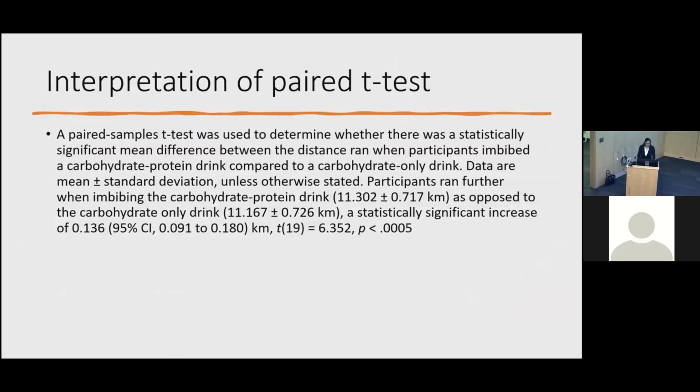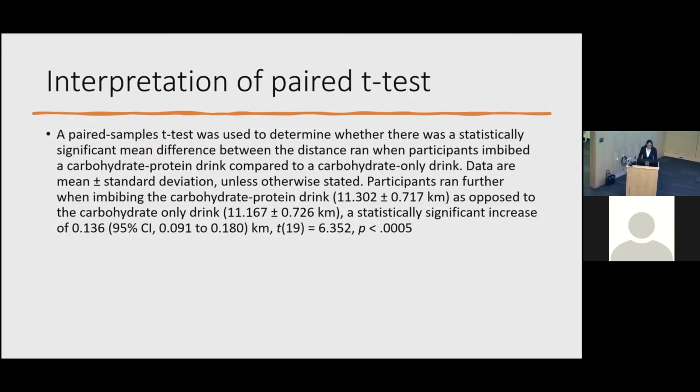This is a template for interpretation of a paired t-test. A paired t-test was used to determine whether there was a statistically significant mean difference between the distance ran when participants imbibed a carbohydrate protein drink compared to a carbohydrate only drink. Data are presented as mean plus or minus standard deviation unless otherwise stated.